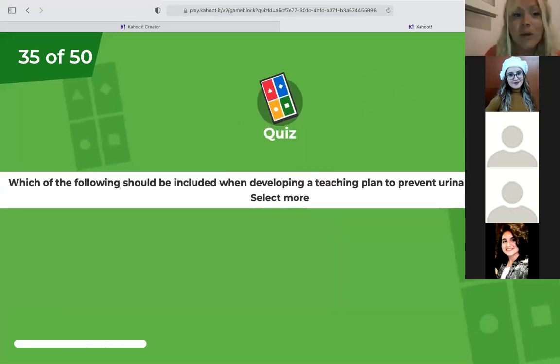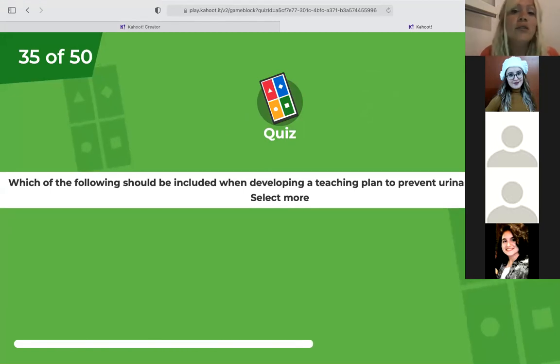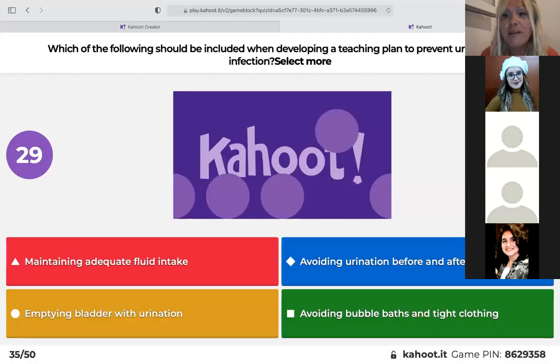Multi-select question: which of the following should be included when developing a teaching plan to prevent urinary tract infection? Please select more.